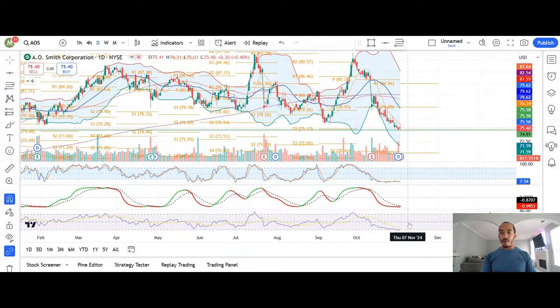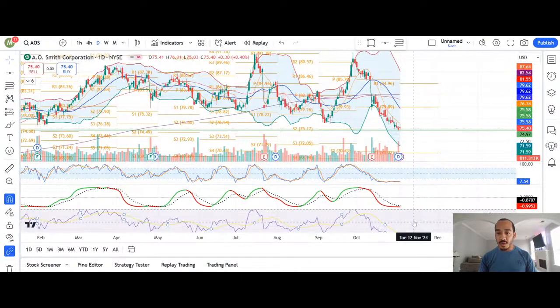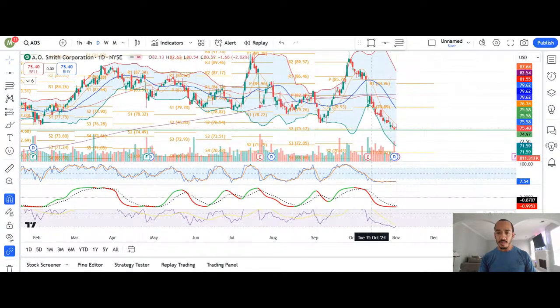Overbought is going to be more towards the top, and that's this indicator. I got these three indicators at the bottom. You got the top one, the middle one with the red and green lines, and then the RSI down at the bottom. So RSI is showing oversold because the lines is towards the bottom of the range, right? It's like at the bottom, like it don't go lower than that.